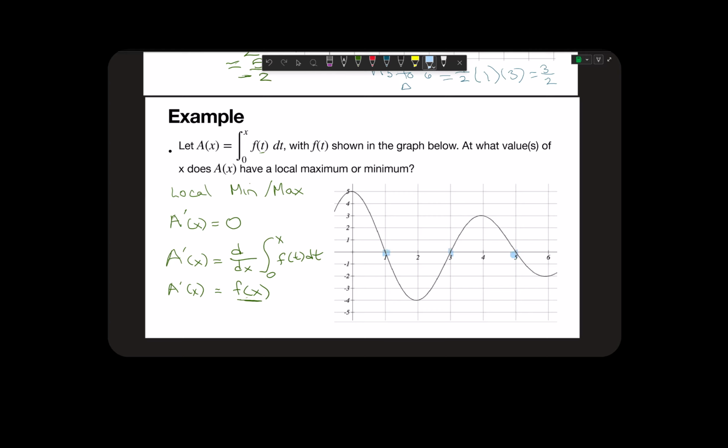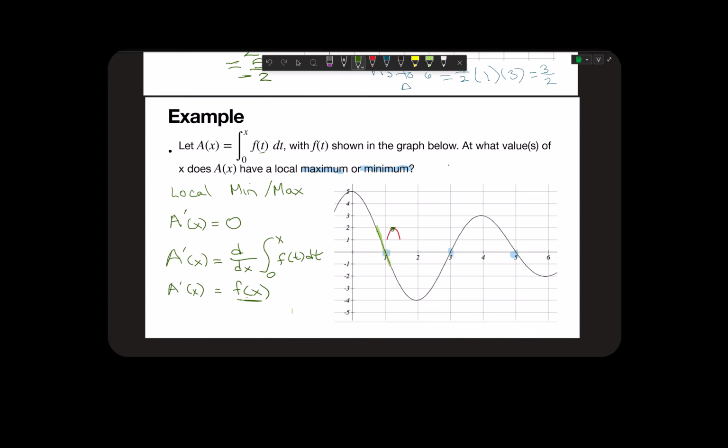Now I just need to figure out, are they local mins or maxes? If I look at this graph, at 1, the graph is going from positive to negative. The slope is therefore going from positive to negative, and up here, at the top, I have a max. The same thing is true right here. This is going from positive to negative.